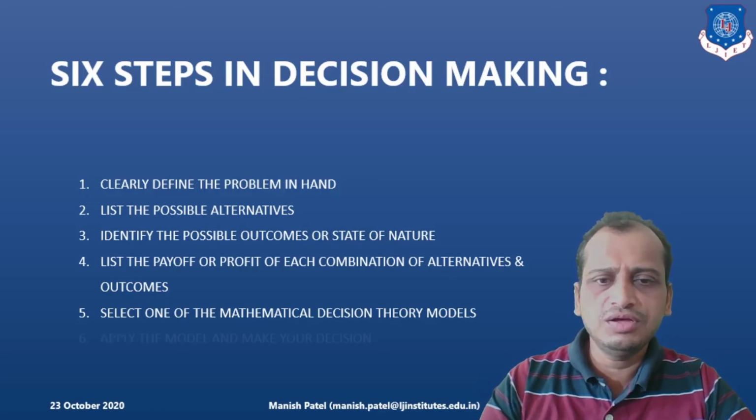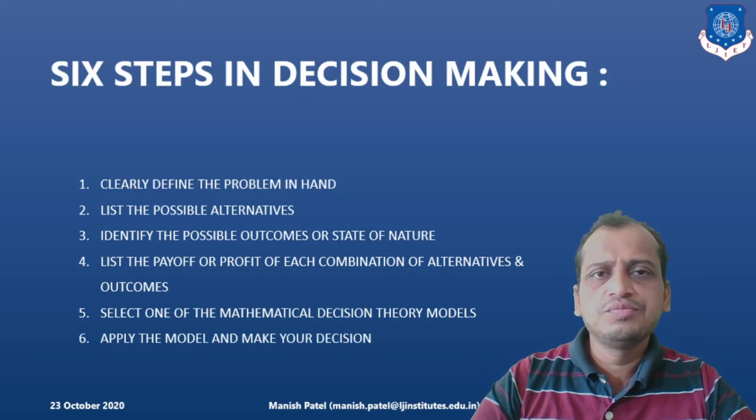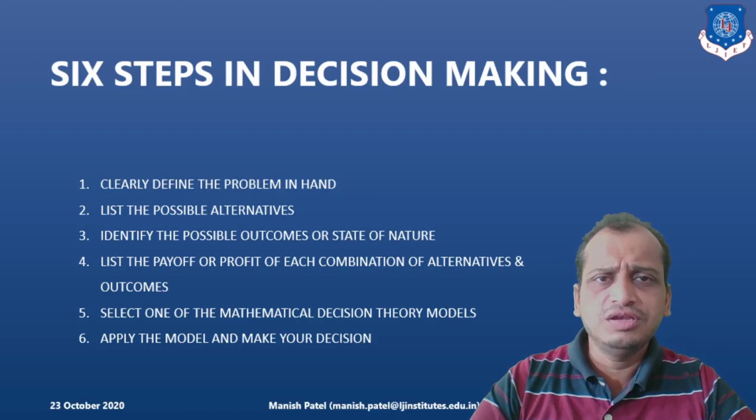And finally, once you apply this model, there are different models of decision making. Any one which is suitable for the prevalent problem, you apply, and you get the optimal solution for the decision making. So these are the formal steps we apply.